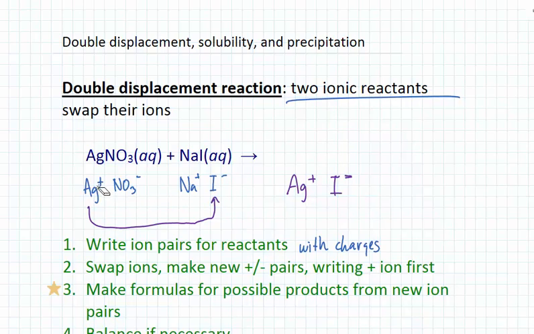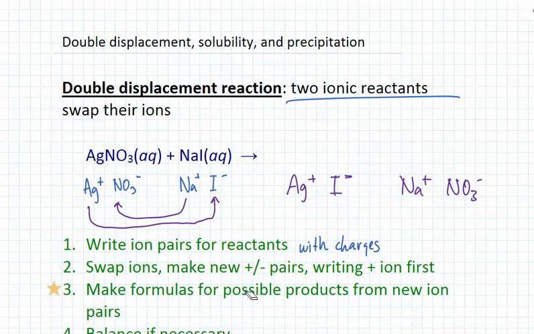The other pairs, it could not be paired with sodium because they're both plus. Ion pairs are always positive, negative. Okay? So then the other pair will start positive, right? Sodium pairing with nitrate. Those are the new ion pairs.